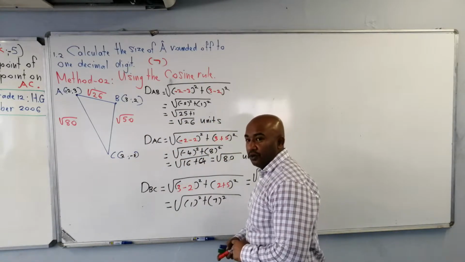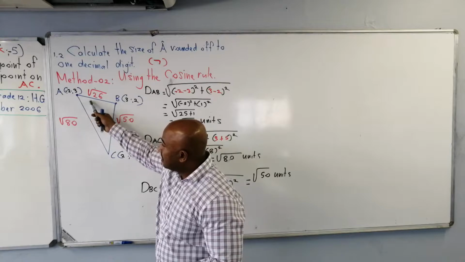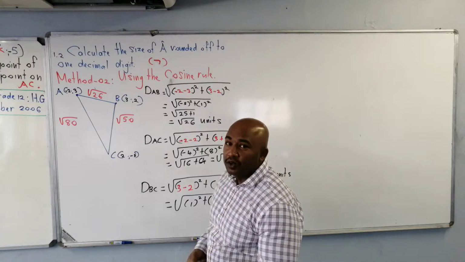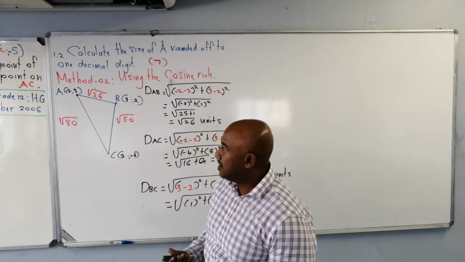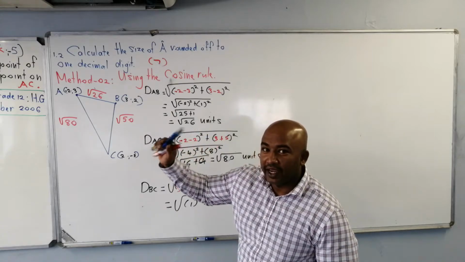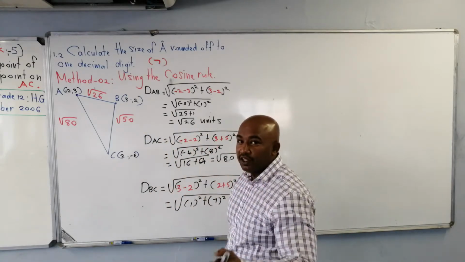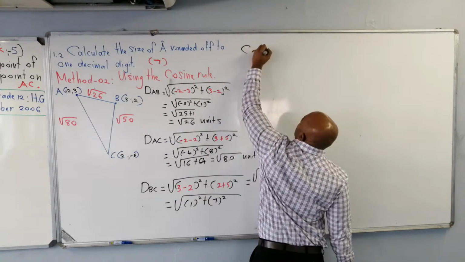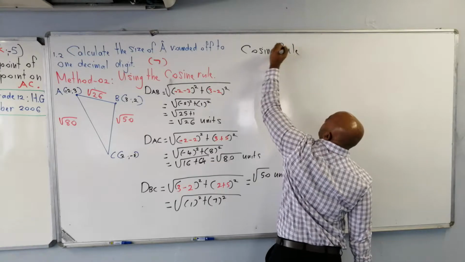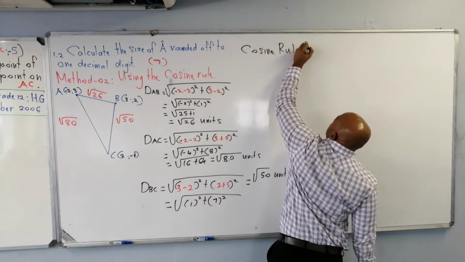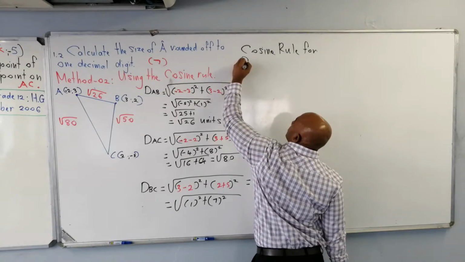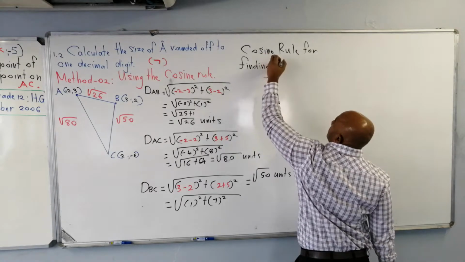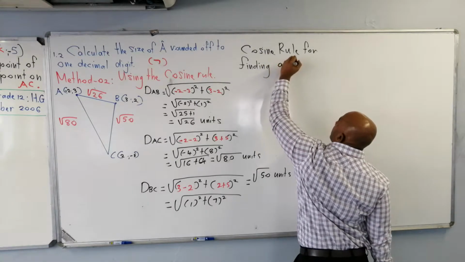Okay, now we need to work out angle A. So the cosine rule, we're not proving the cosine rule, we just need to know how to use it. We are dealing with angle A, so therefore we are dealing with the formula for A squared. This is the cosine rule for finding an angle.